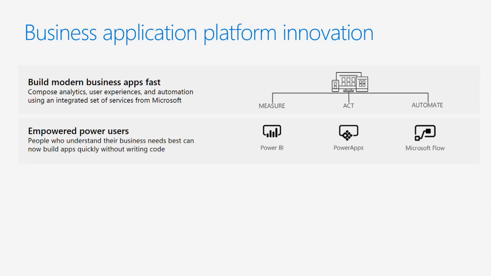So if you want to be able to have a form where people enter the expense report information, or you want to be able to show people data mashed up from different services and then let them edit that information, you can do that by building a Power App without writing a single line of code. So it's extremely powerful. And then with Microsoft Flow, you can actually do the automation on top of that.